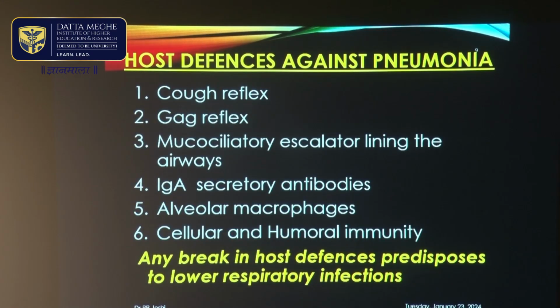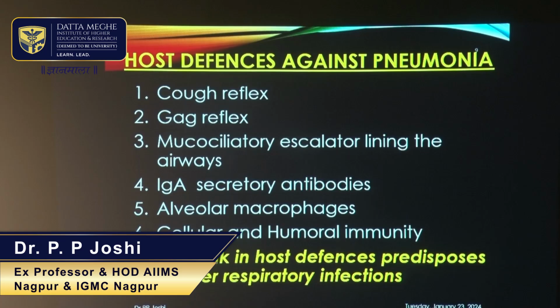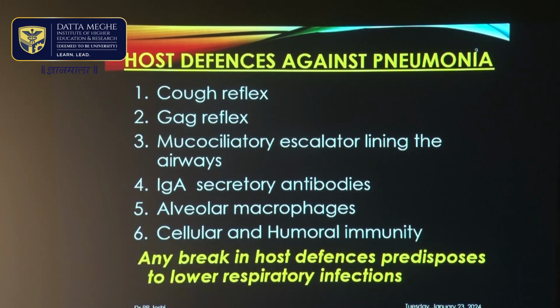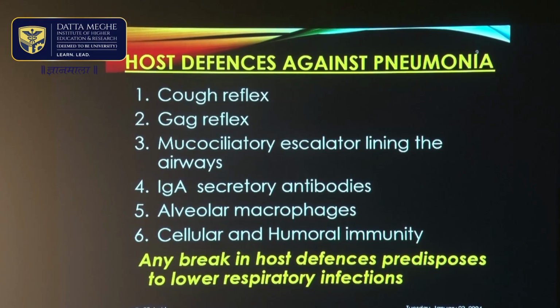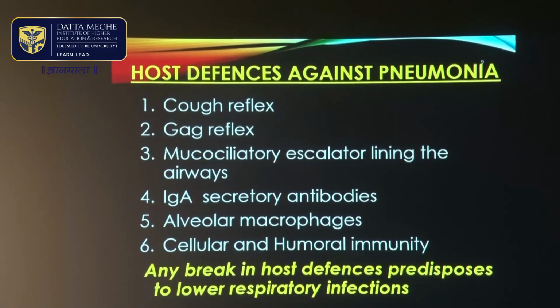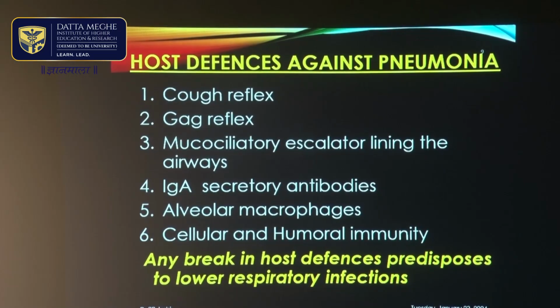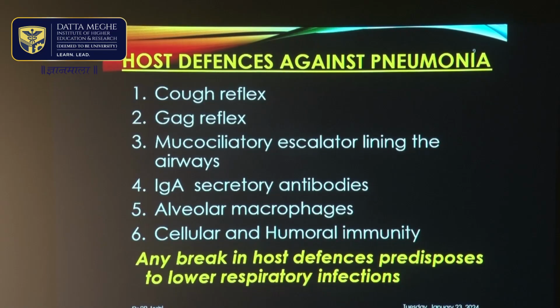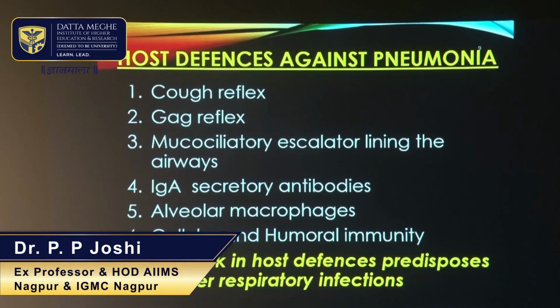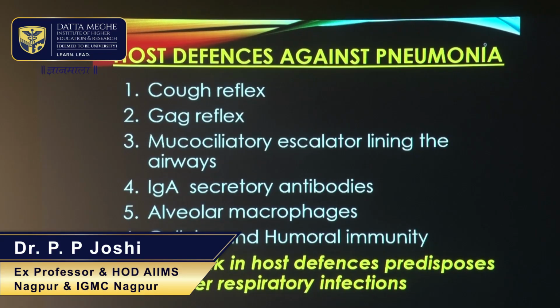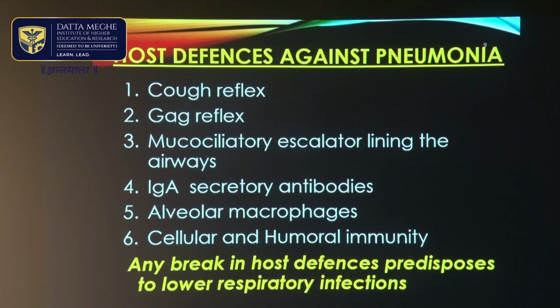So what are the host defenses which prevent pneumonia? We are always surrounded by so many microorganisms, viruses and bacteria, but we do not develop pneumonia because there are certain defense mechanisms in the body which prevent pneumonia. The cough reflex, the gag reflex, and the pseudostratified ciliated epithelium of the respiratory tract is lined by a mucociliary escalator, where the cilia are always beating in the upward direction, preventing the organisms from going down into the lower respiratory tract.